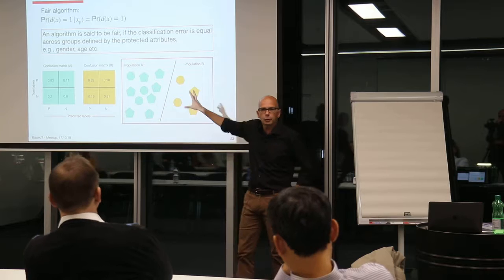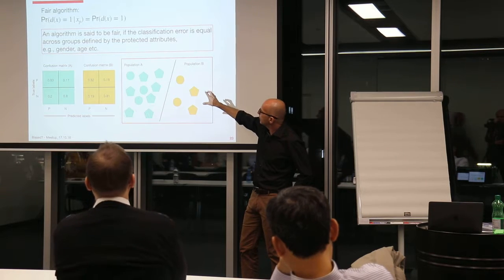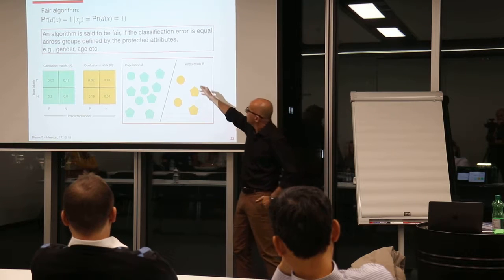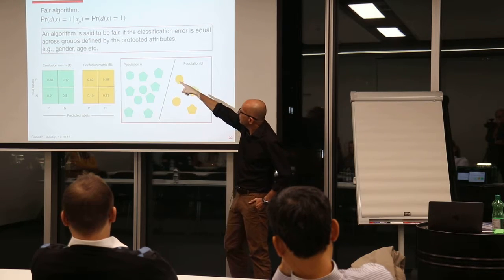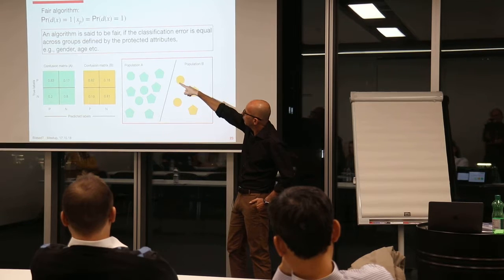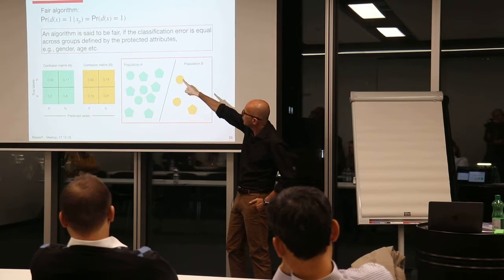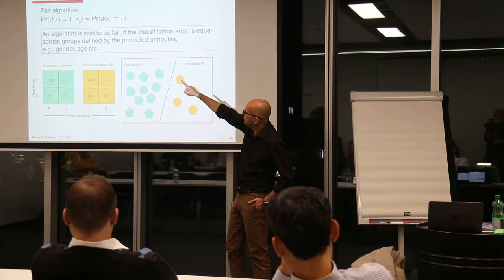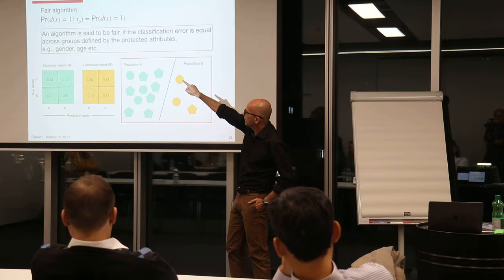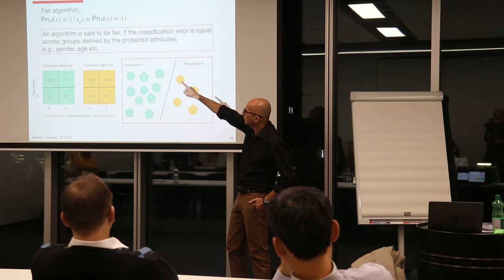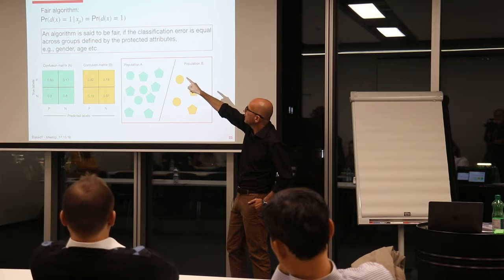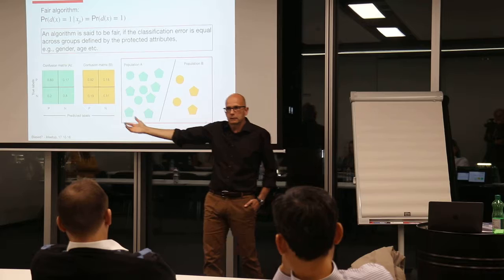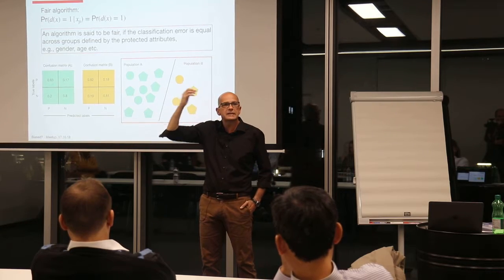This is another way you can try to be fair in that sense. It means that given a protected attribute from an individual, the probability that the decision is 1 should be equal to the probability that the decision is 1 without the protected attribute. It just means that, yes.